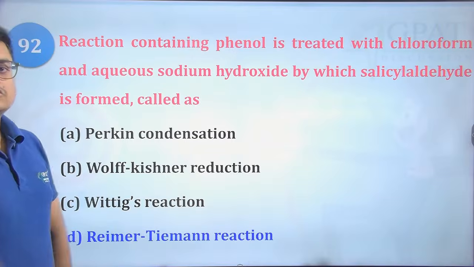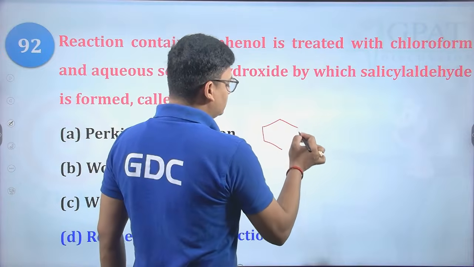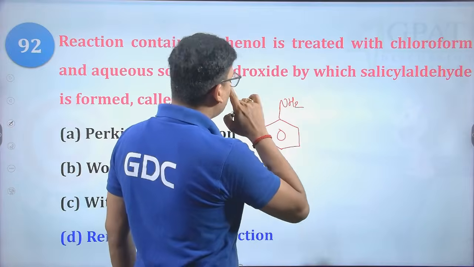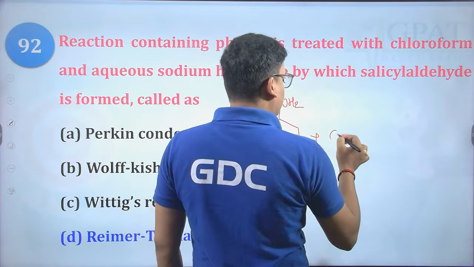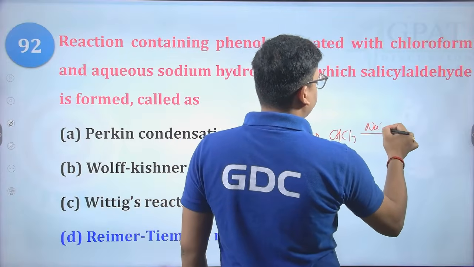This reaction belongs to the Reimer-Tiemann reaction, and there is another important reaction for the anilines. In case we use aniline in place of phenol, the reagents are same, that is CHCl3 with NaOH.